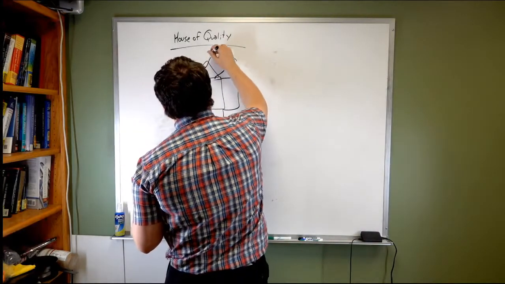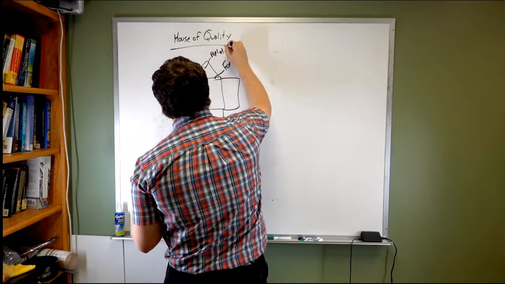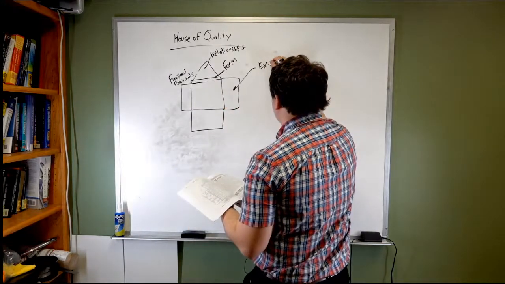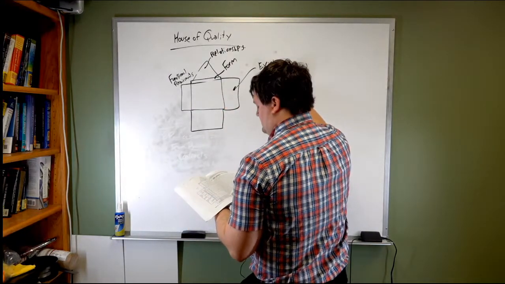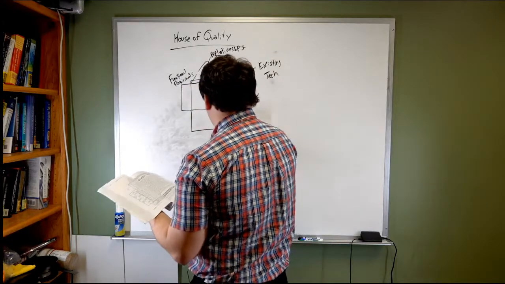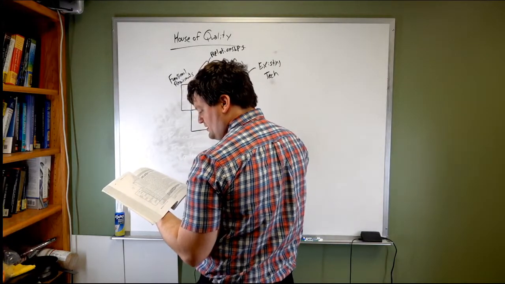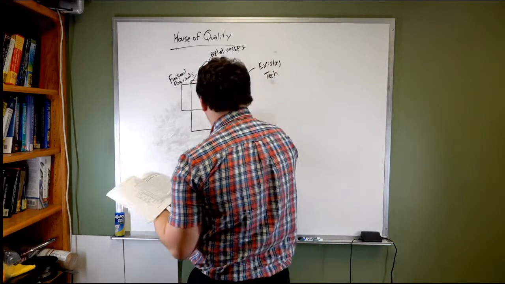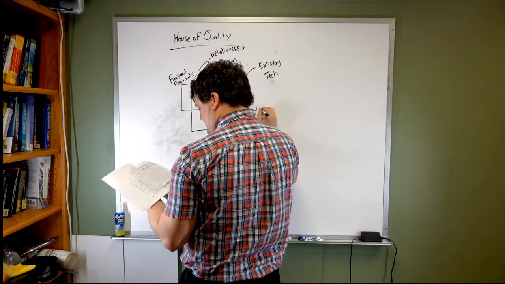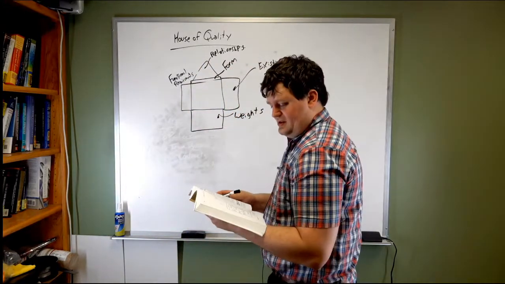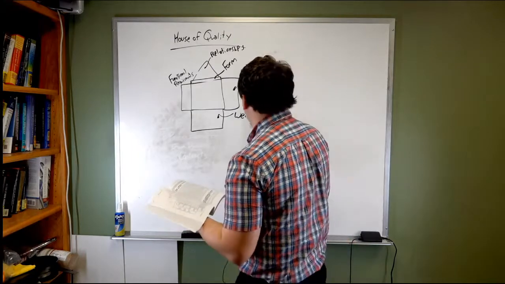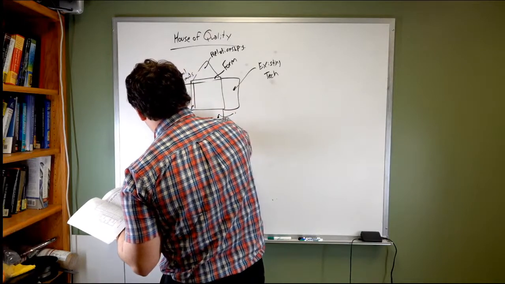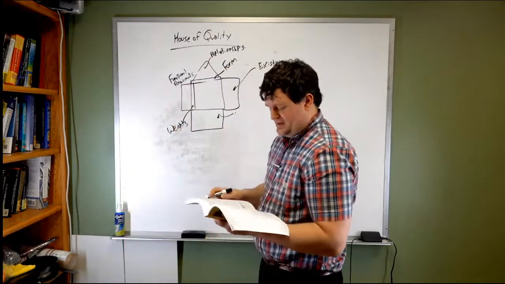Up here you have your relationships between forms. Over here you have your existing technology. Down here I believe the weights are down here. Oh no, sorry, this isn't the weights. The weights are actually right here. And then down here, these are scores.